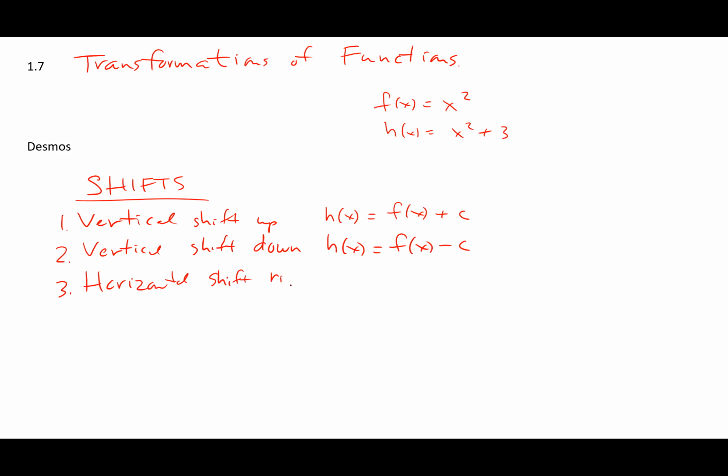Horizontal shift to the right. Now this one's the funny one, and these next two are going to be. In order to shift to the right, what we do is we have an x minus c inside the function.